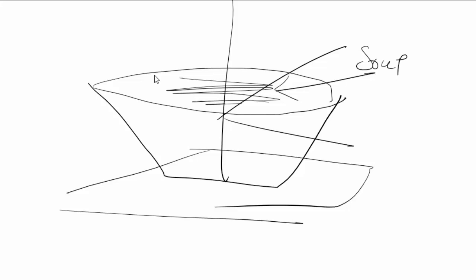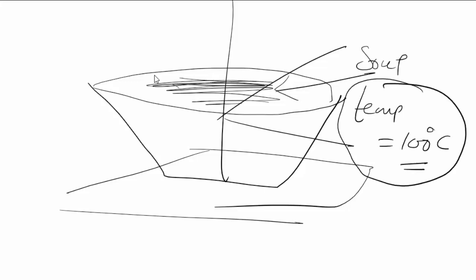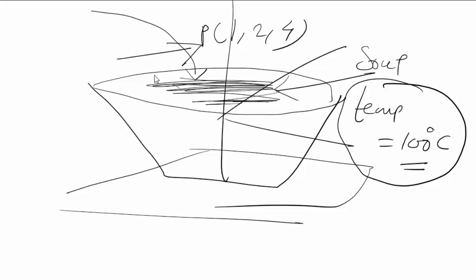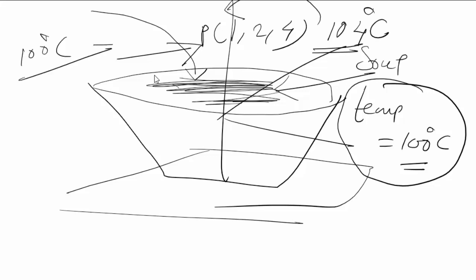When you're saying that the temperature of the soup is equal to 100 degrees Celsius, you are just saying the temperature of the whole soup. But if I'm saying that the temperature of the soup at a point (1, 2, 4) is 104 degrees Celsius, I'm saying this specifically at this point. Even if you are saying at this point it's 100 degrees Celsius, I am talking about a vector quantity.